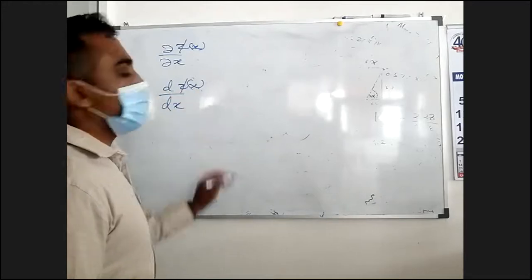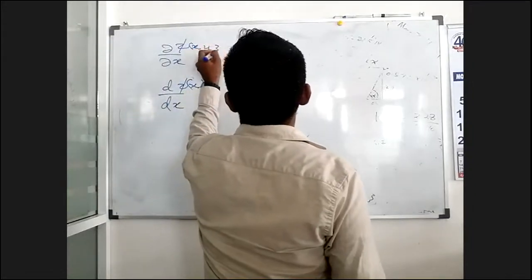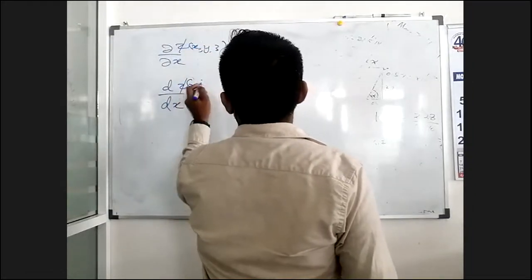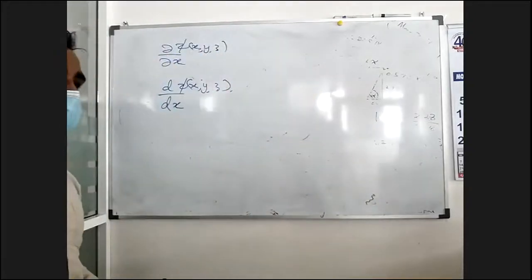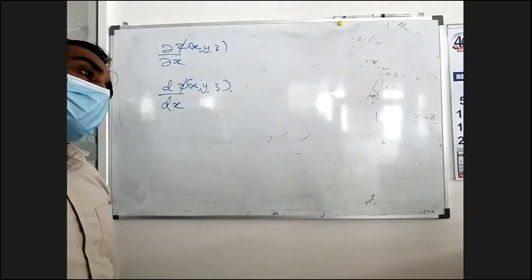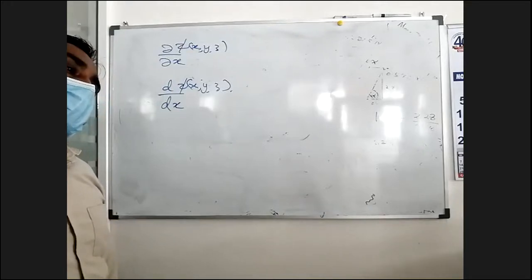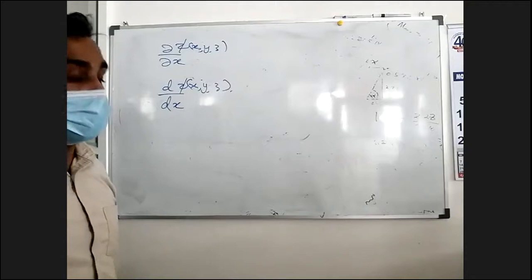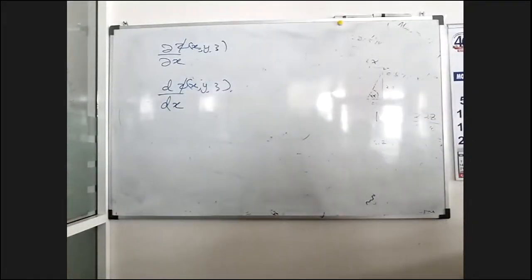Can you explain what is the difference? If there are 2 or 3 variables here, x, y, z, also. So the upper one is partial derivative. Yes, it is called a partial derivative. What is the difference in an operation? In the operation, what are we doing?